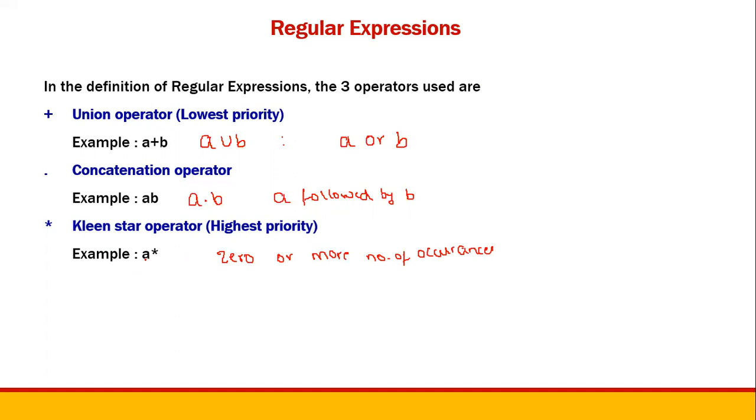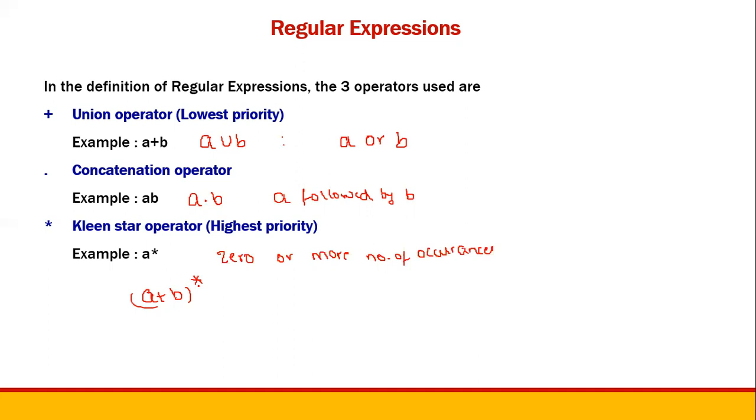So here I have just taken A star here. So A star means A can appear zero or more number of times here. Similarly, suppose I take A plus B whole star, that means A or B, either A or B can appear any number of times, including zero number of times here.